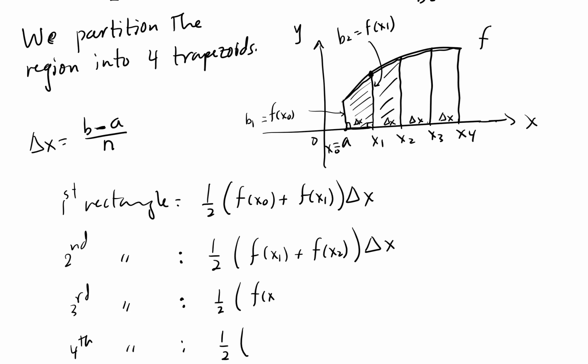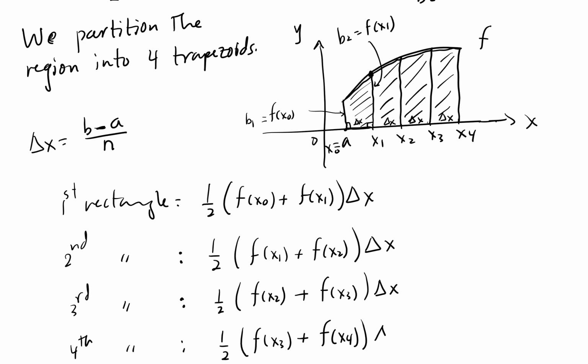This is f of x2 for the base 1, and base 2 is f of x3, all times delta x. And the last rectangle, we do f of x3 plus f of x4, all times delta x.